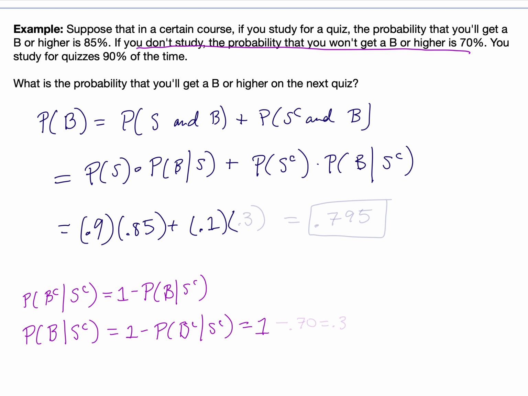So that's 1 minus 0.70, that's 0.3. So this is 0.3 right here, and 0.1 for not studying. And now we can just add those two quantities together, and when we do, we will get 0.795. So the probability of getting a B or higher on the next quiz, given these assumptions, is a 79.5% chance.